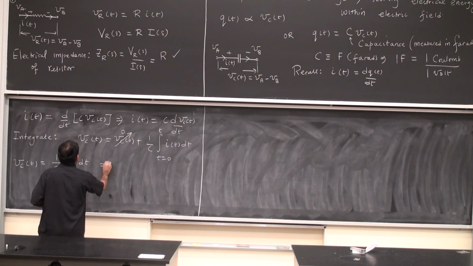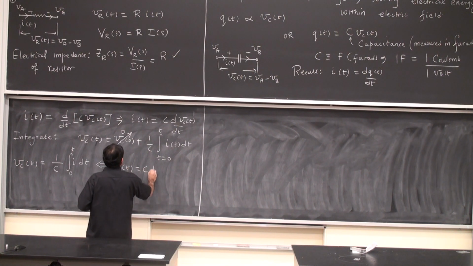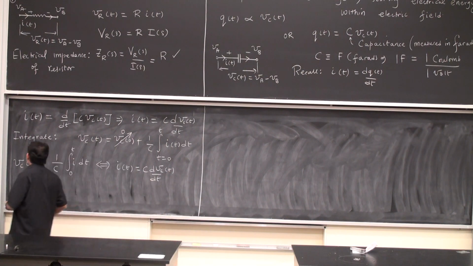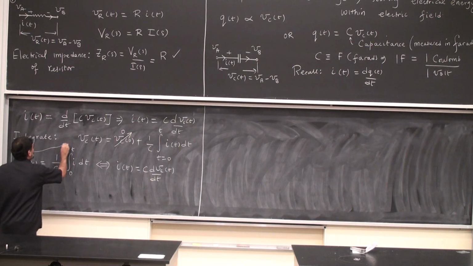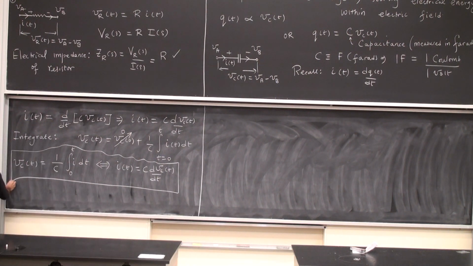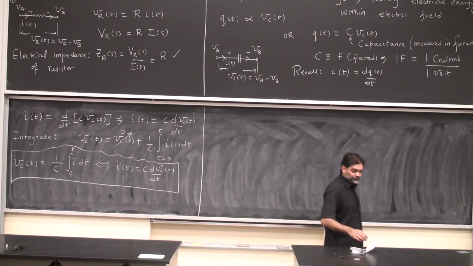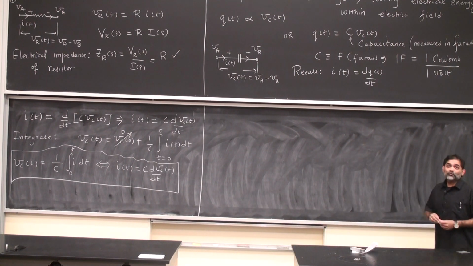And this is equivalent to I of t is C dVc by dt. This is in the time domain.